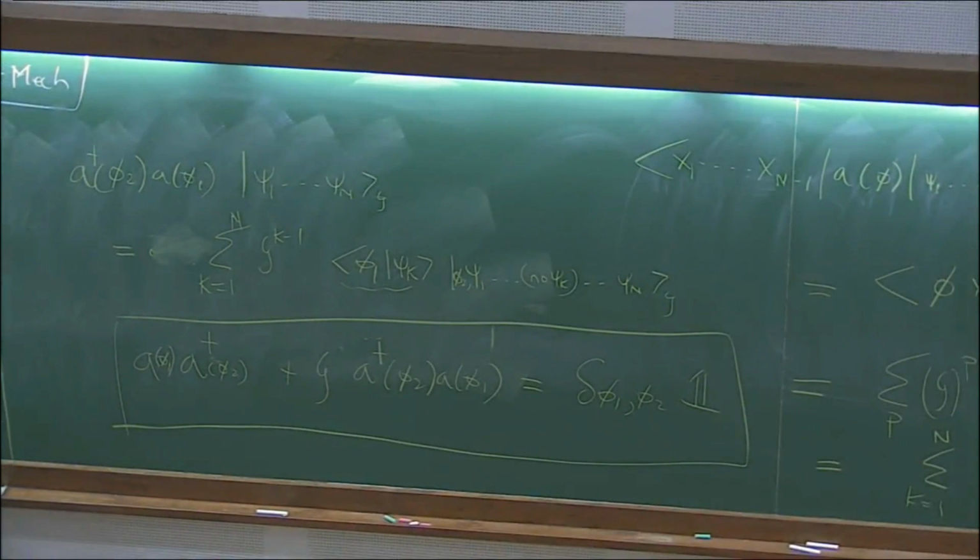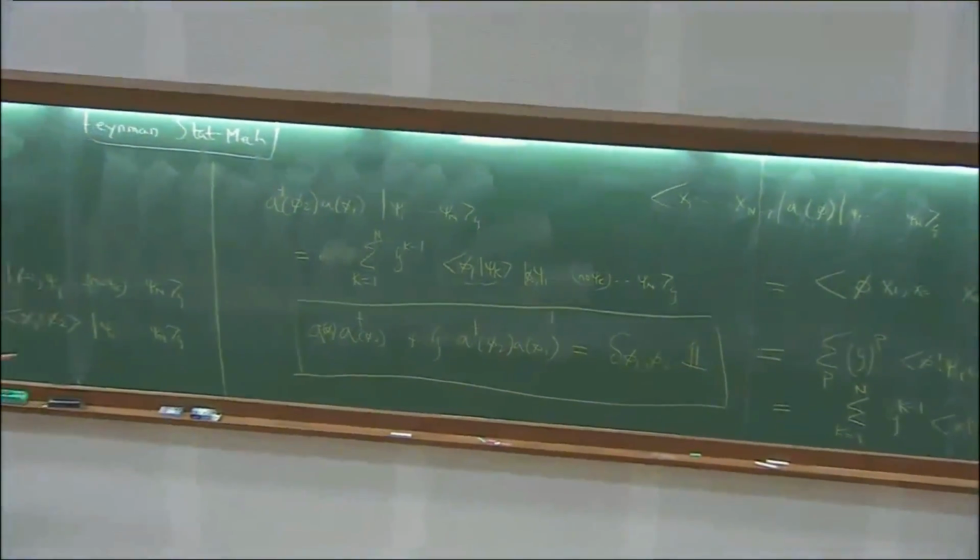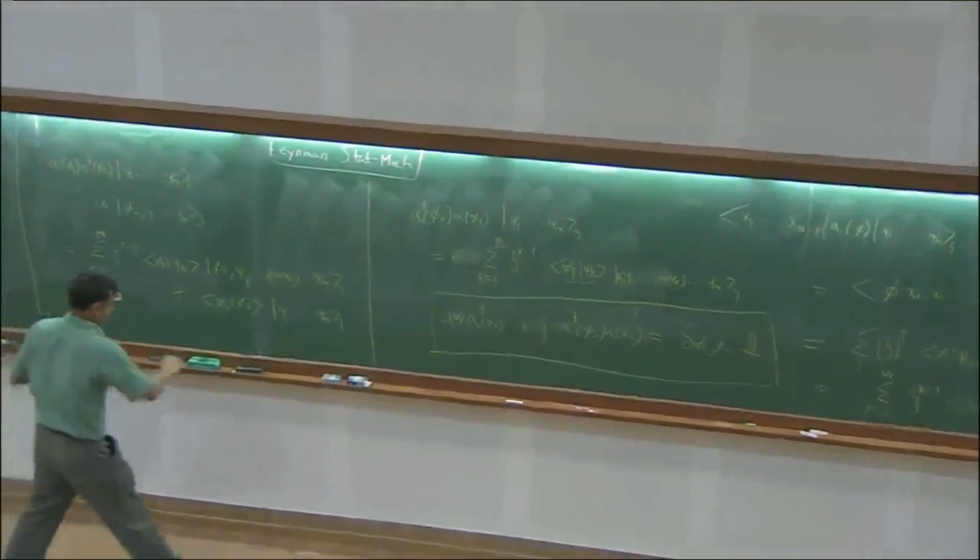In one case, all the A daggers commute among themselves and the A's commute among themselves. In the other case, all the A daggers anti-commute among themselves and A's anti-commute among themselves. And this one you can write compactly. Let's write this here.